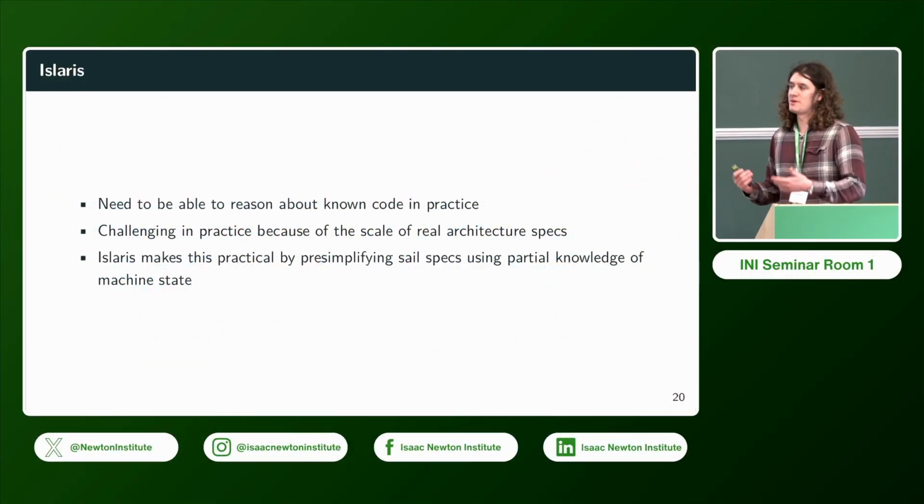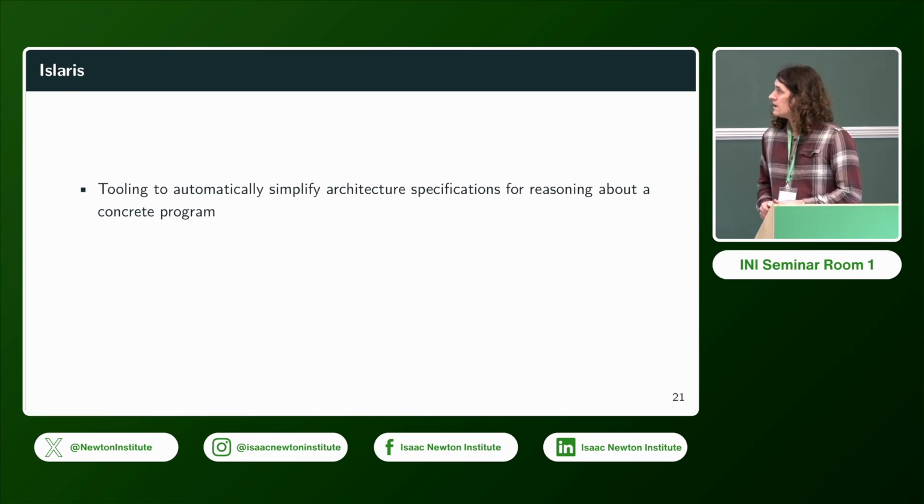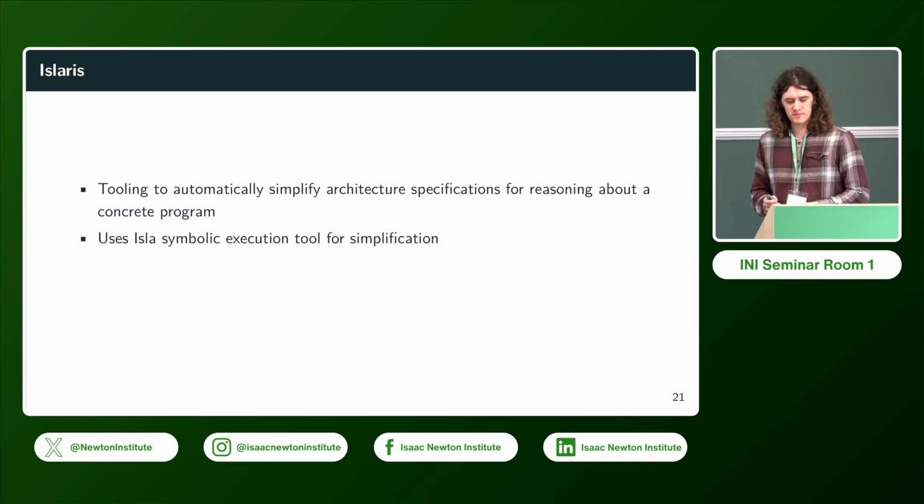So if you know a little bit about your machine state, you can simplify a lot of the spec. And so Alaris takes this. We already had this simplification tooling, the ILA symbolic evaluation tool that's been mentioned a couple of times. Alaris takes that existing tooling to simplify the architecture specification for reasoning about a concrete program.